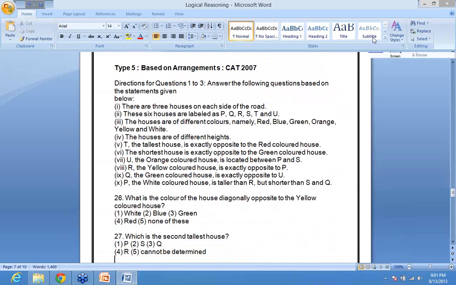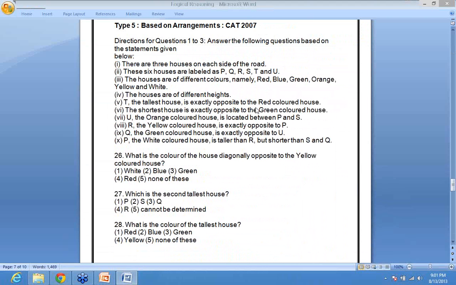I will definitely solve this for you, but I would like you to make an effort and try to solve this. There are 3 questions in this set. This is a CAT 2007 question.